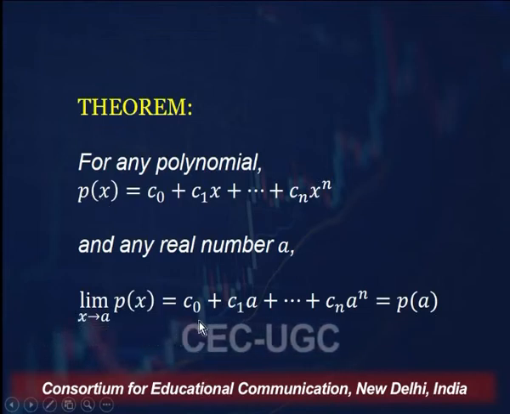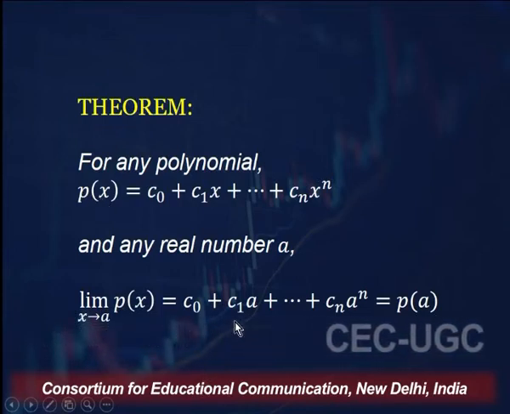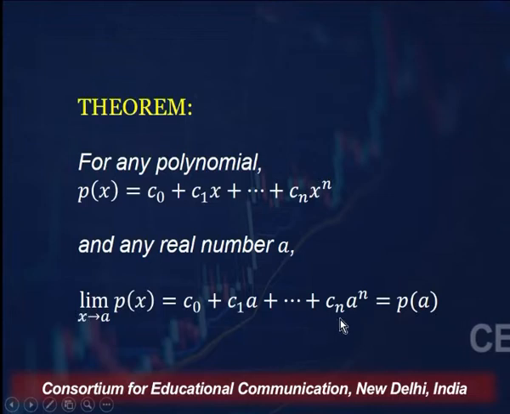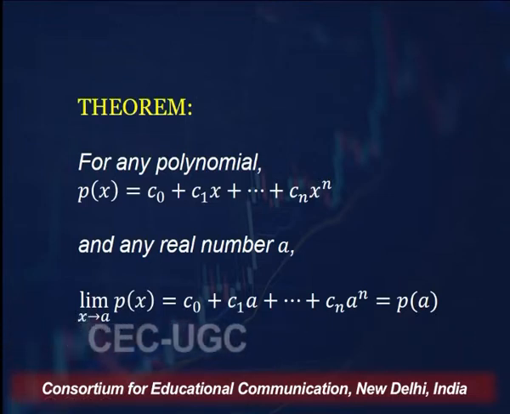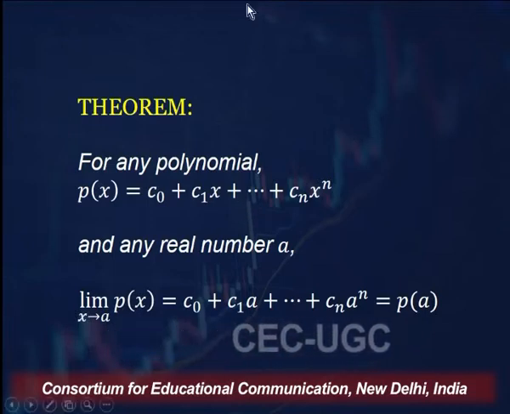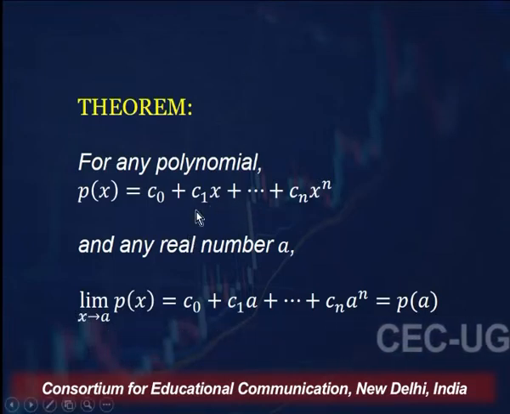So that's going to be c0 plus c1 times a and so on plus cn times a to the power n. So that's just substituting x equal to a in the polynomial itself.